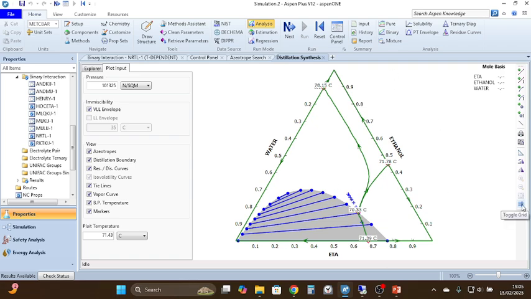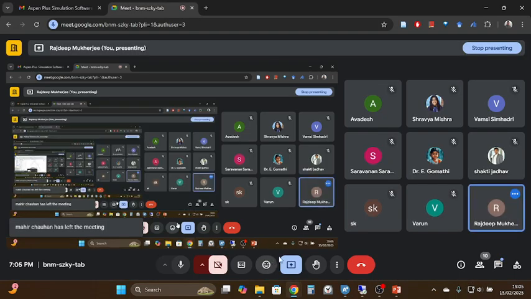You can add grid lines from here. Let me zoom it. Does anyone know how to read ternary graphs?